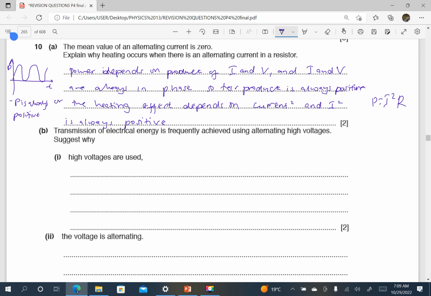So we can say for the same power transmission, high voltage means smaller current flowing.